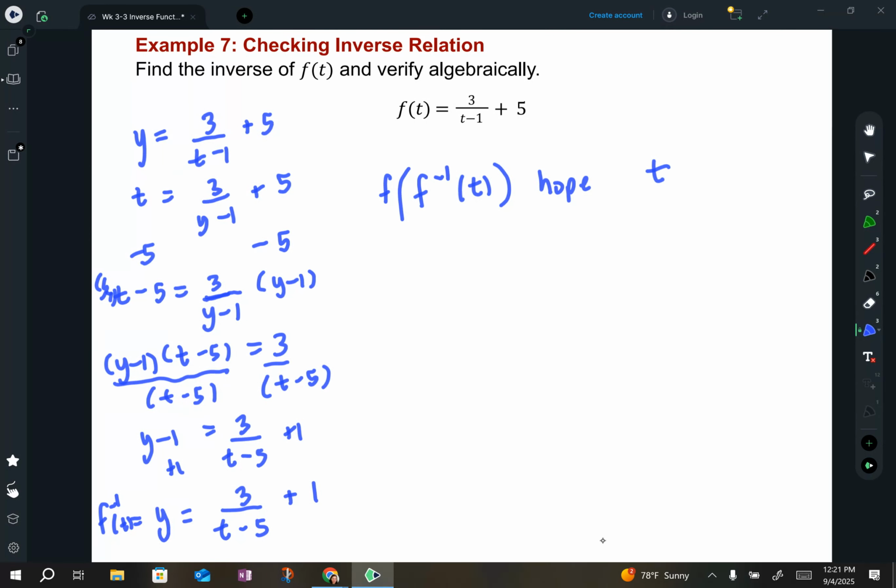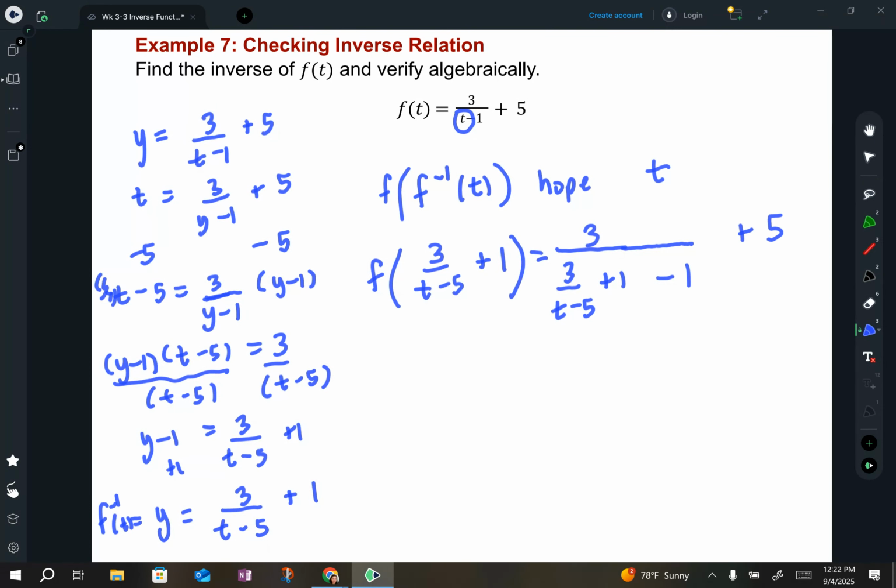So let's do that. f of f inverse would be f of 3 over t minus 5, plus 1, which is going to be equal to 3 over, and now everywhere I see a t, I'm putting in 3 over t minus 5 plus 1, minus 1, plus 5. So that was a pretty tricky function composition. Let's just remember I substituted this whole business in just for my t, okay?